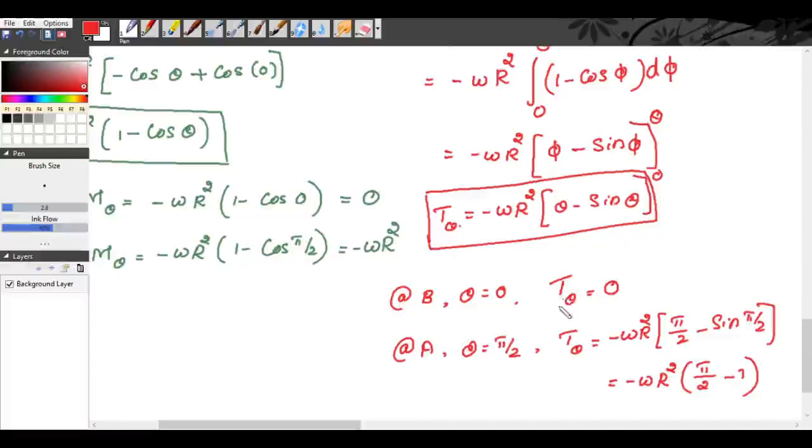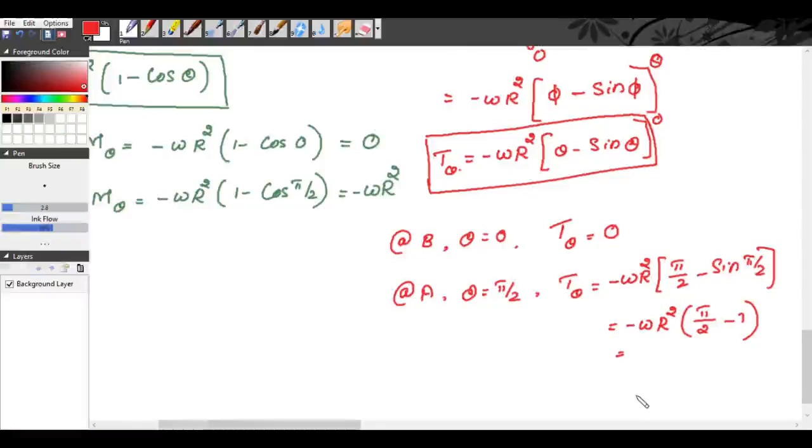So the torsional moment varies from 0 at the free end B to minus W R square into pi by 2 minus 1 at A. If you substitute the value of pi as 3.14, you get minus 0.571 W R square.